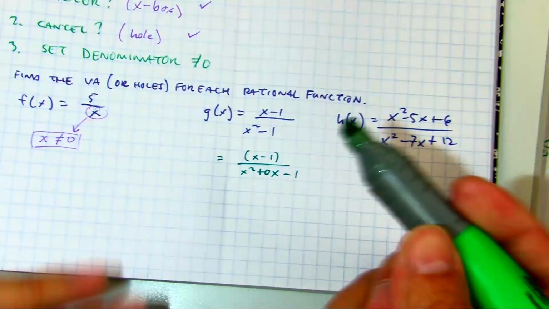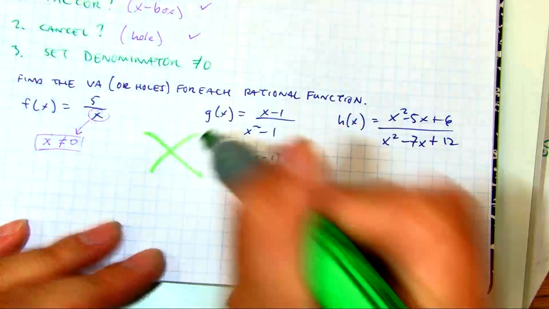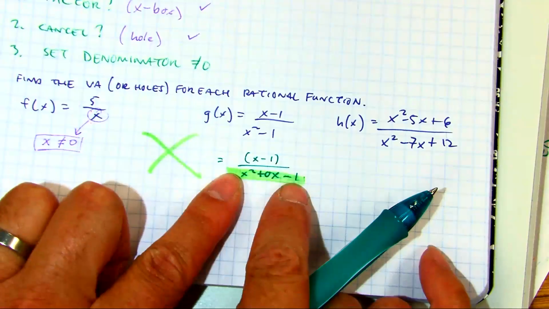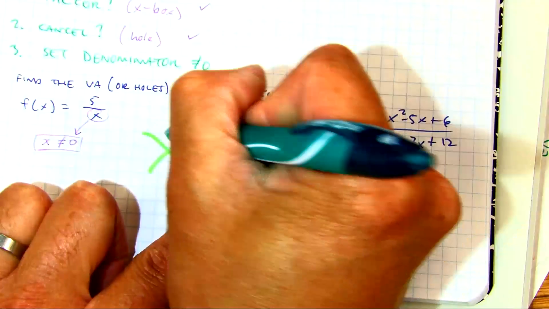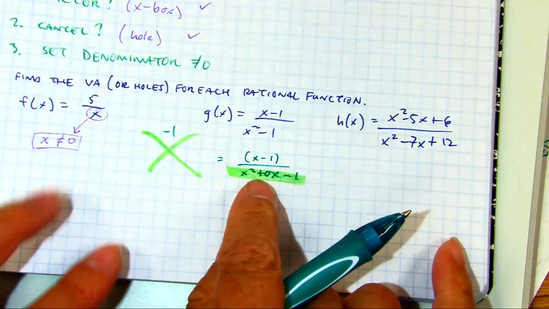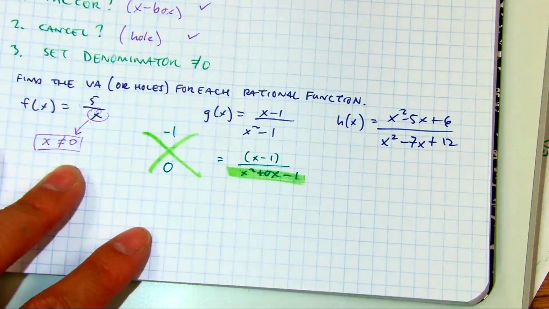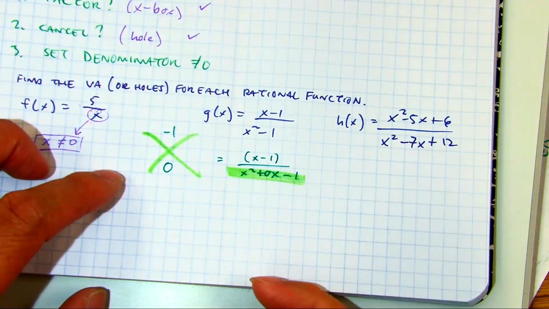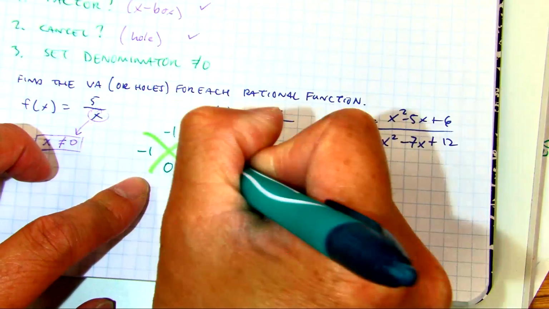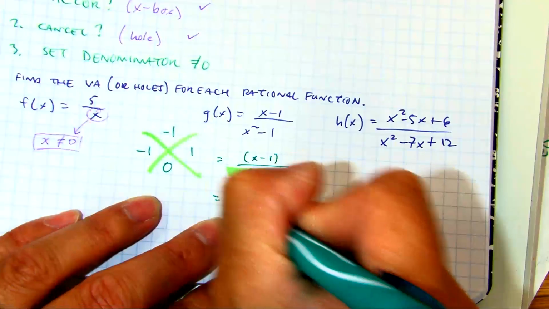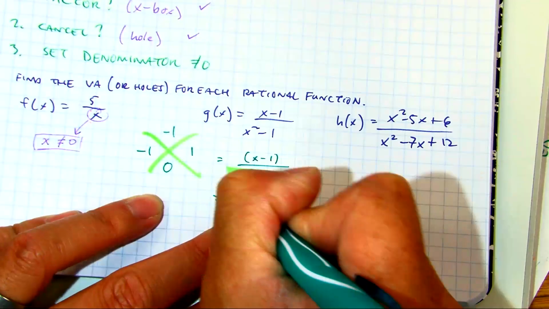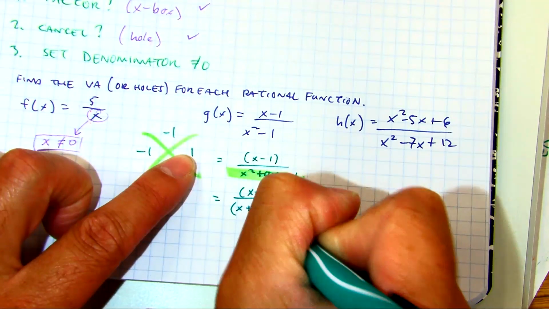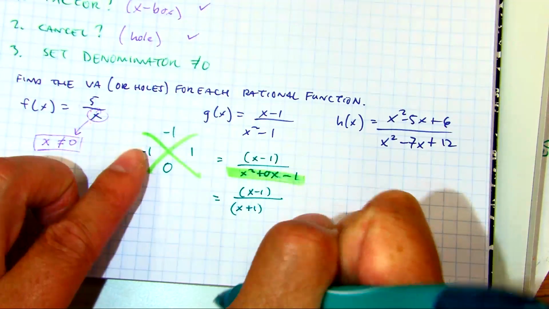Because when you factor this, a times c, negative 1. B value, 0. Two numbers that multiply to be negative 1, but add to be 0. Negative 1 and positive 1. So that means I'll have x minus 1 over x plus 1 and x minus 1.